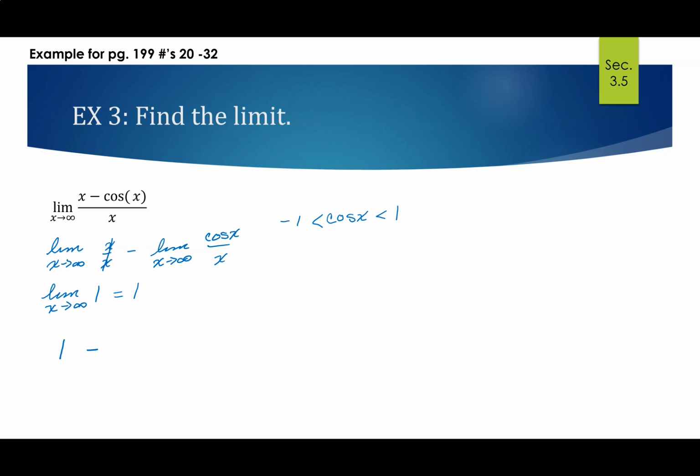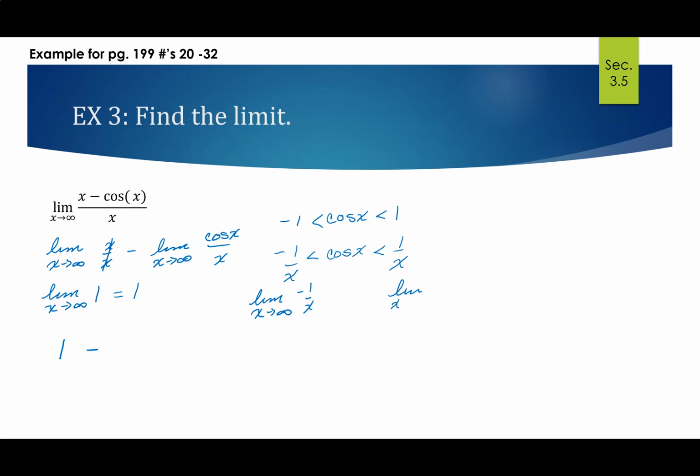Therefore, we know that if we're multiplying this times 1 over x, then our cosine x over x is going to fluctuate between -1 over x and +1 over x. Okay, so now I take the limit of each of the sides.